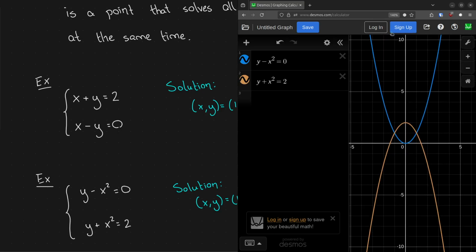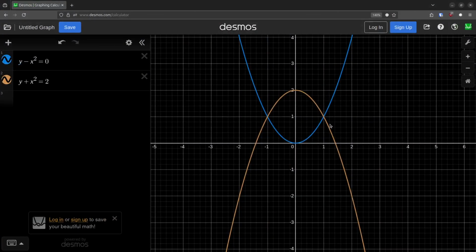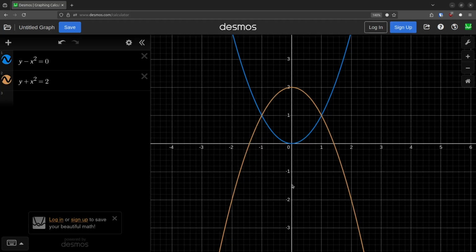Now, from what we know, the solution to the system is going to be any point that lies on both equations at the same time. And we can see here that we actually have 2 points that meet that criteria. We have the point that we found here, 1, 1. But also on this side, there's another place where they intersect, the point negative 1, 1. So in this case, there are 2 solutions to the system of equations.